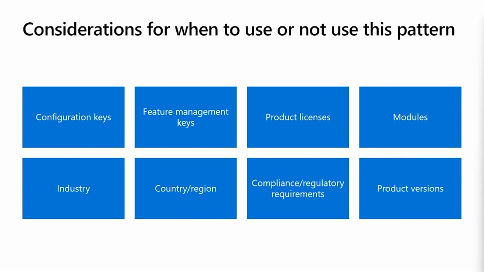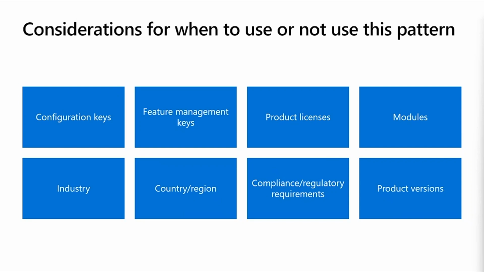Catch weight is another example. If we recommend that you turn off catch weight if it's not being used and then you enable it. It's especially important if that configuration key is off by default and the user needs to turn it on. Feature management keys are also important, which are specific to Finance and Operations apps. If there's specific product licensing that's required in order to use a specific solution, make sure that you're including those specific product licenses.